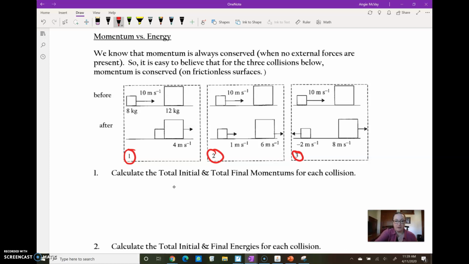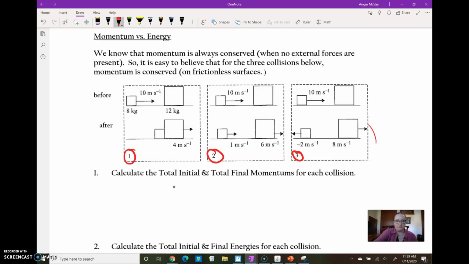On the top for each scenario is what's going on before the collision, and after the collision for each scenario is down below.